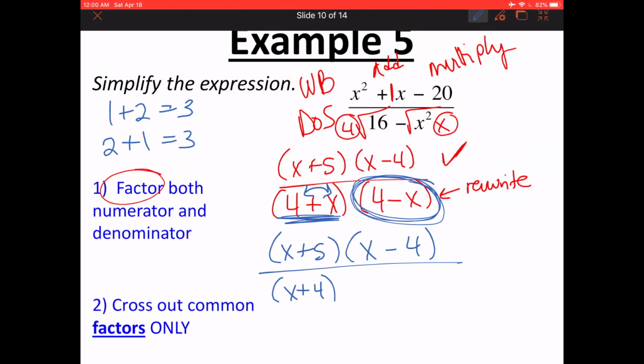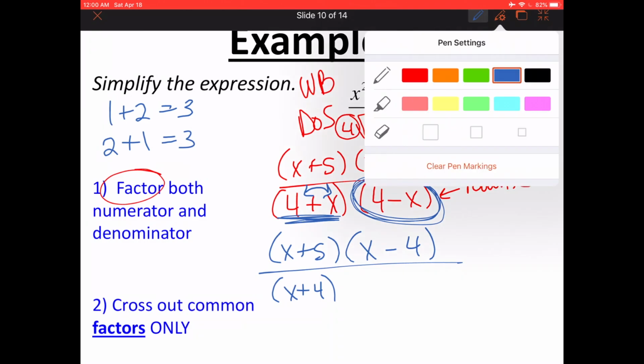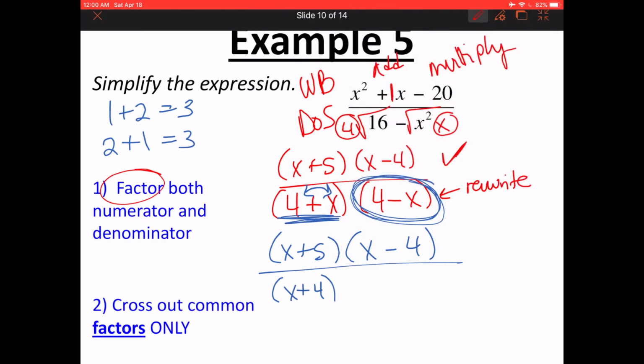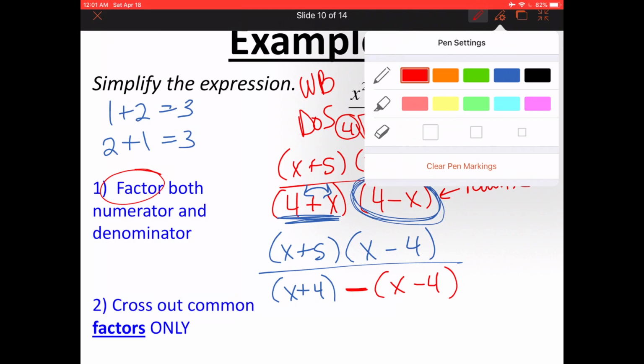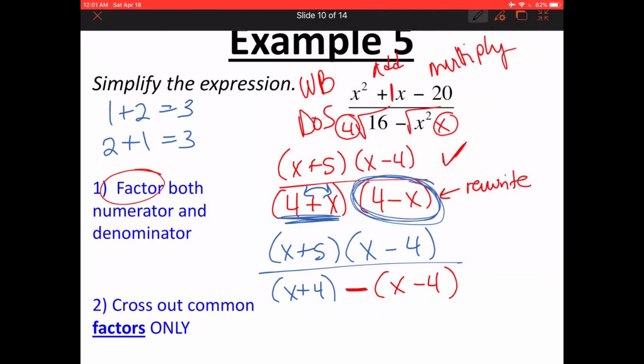Here, my 4 minus x is where I have to implement the rewriting rule. I put negative outside parentheses, and then I can put x minus 4. Okay, so please make sure we follow that rewriting rule. Now we see the common factor that we have, so we can just cross that out.